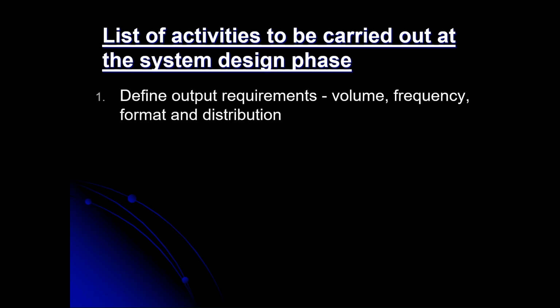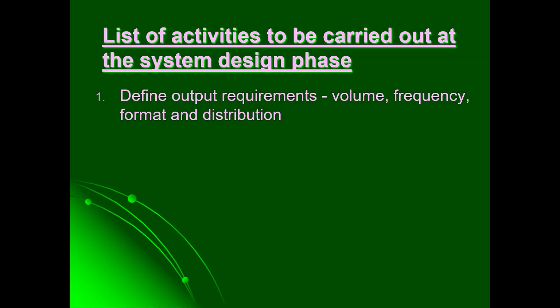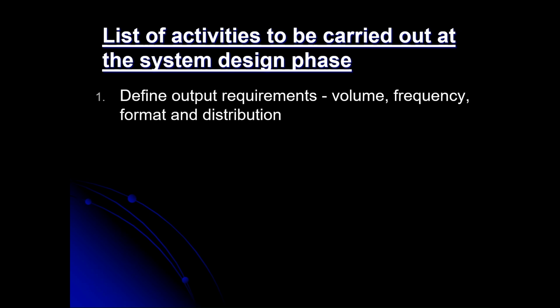So you have to define the output requirements. All the outputs from your system you have to design. This can be reports, mainly reports and output messages, invoices, anything that you generate from your system. Defining output requirements includes deciding on the volume, frequency, format, and distribution.